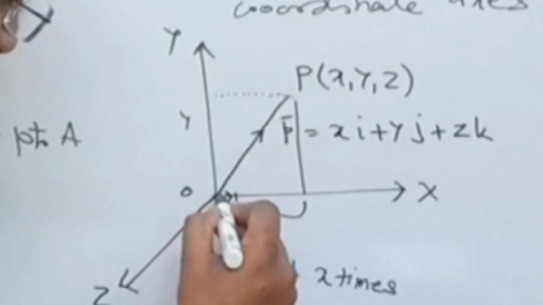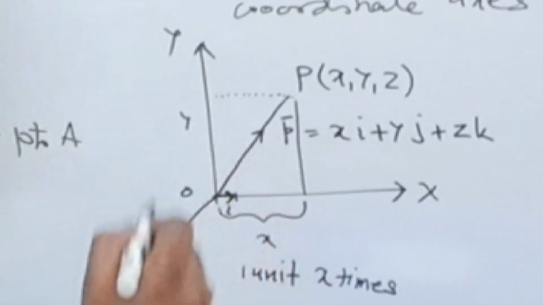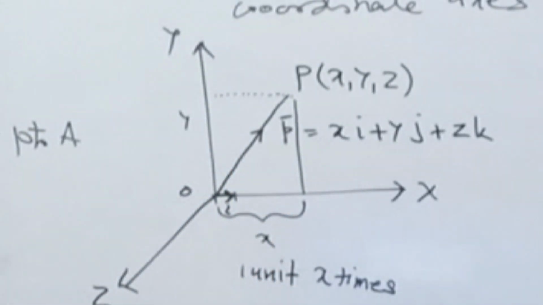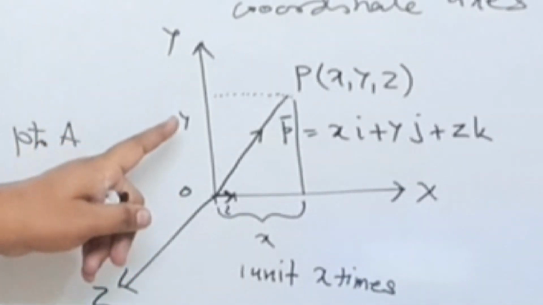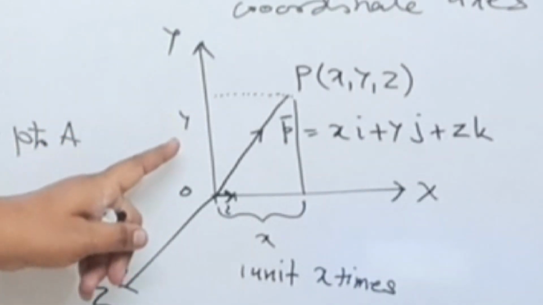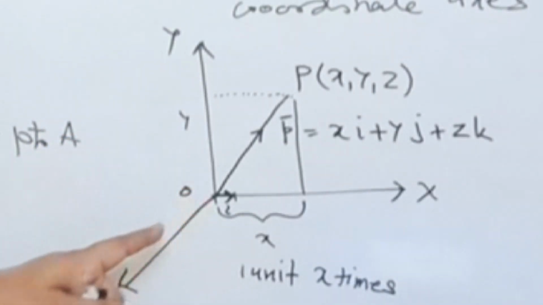This i, which is a directed line segment from origin towards x-axis with unit distance, will be nothing but the unit vector. Similarly, we can get the unit vector related with y-axis as j and with z-axis, this will be the k.